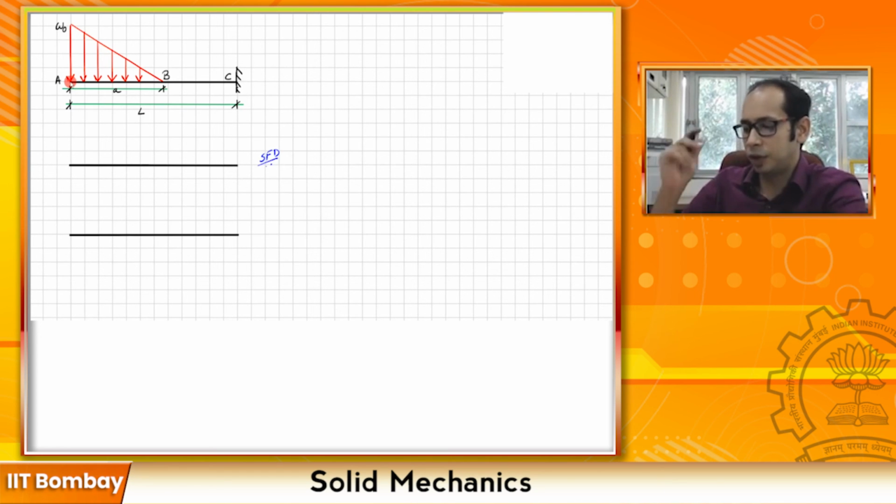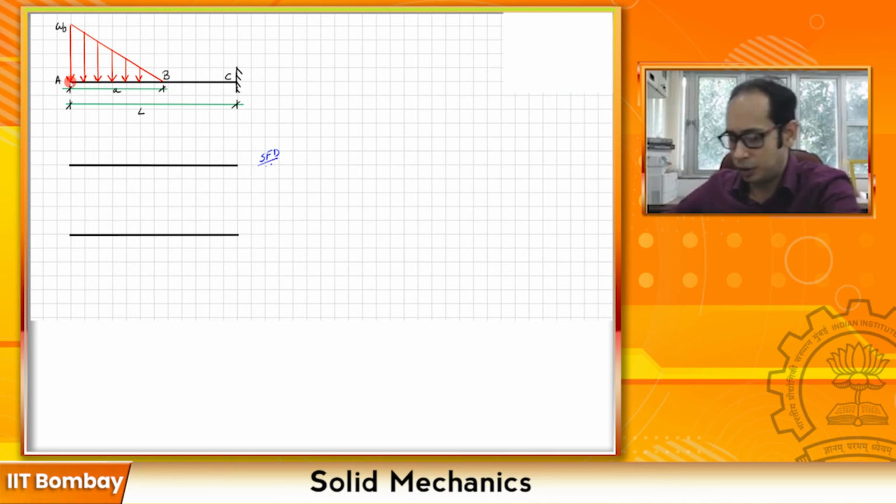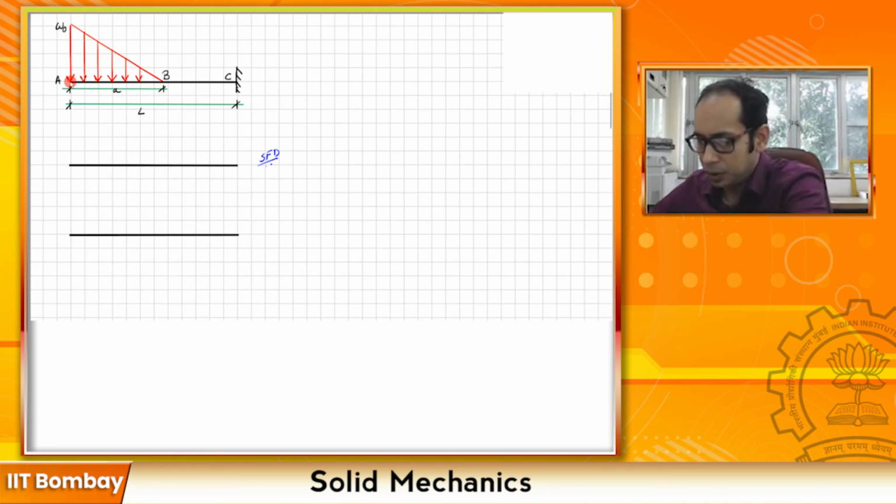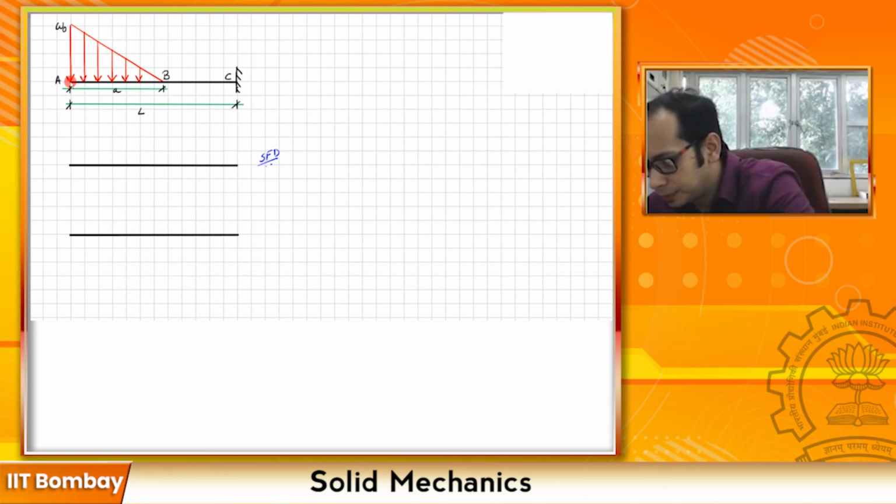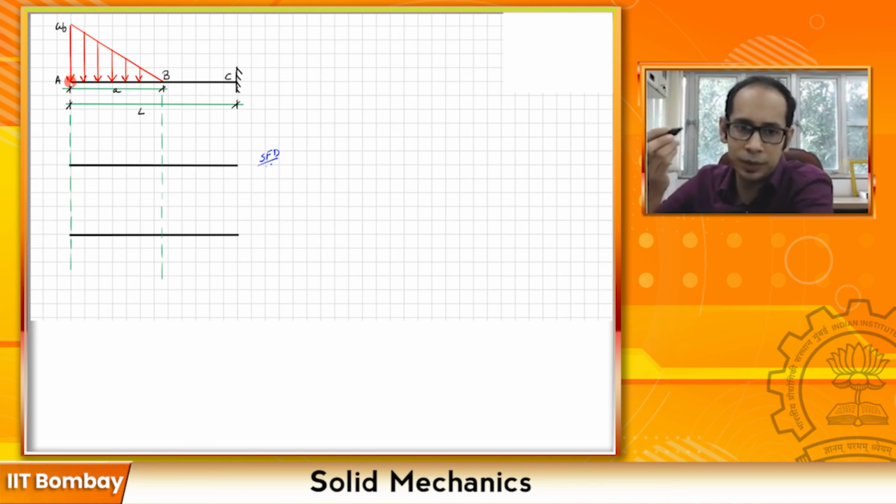Just for convenience of drawing, let me draw the guidelines. So of course this is my point A. Intermediate, I have where the triangular load ends, I have the point B, because those are the places where we expect transitions to happen.